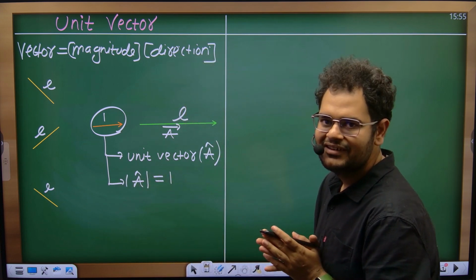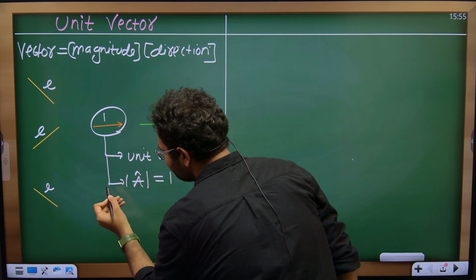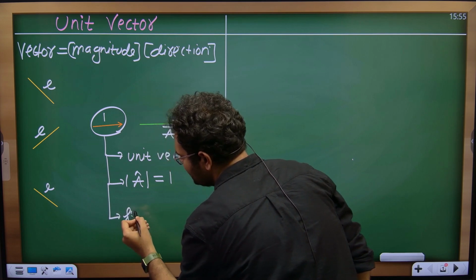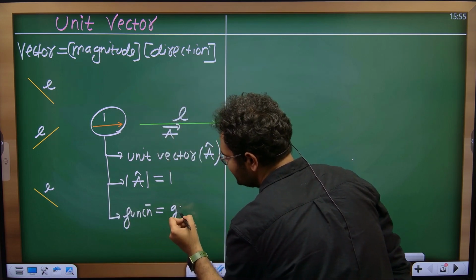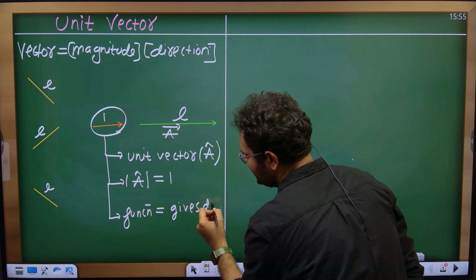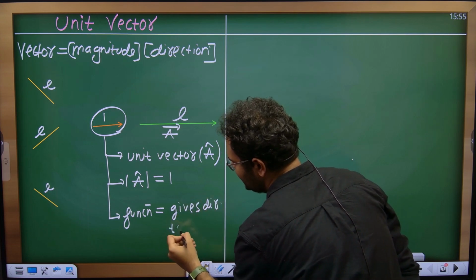Important point. Okay, sir, what is the function of this unit vector? It gives direction to any vector.